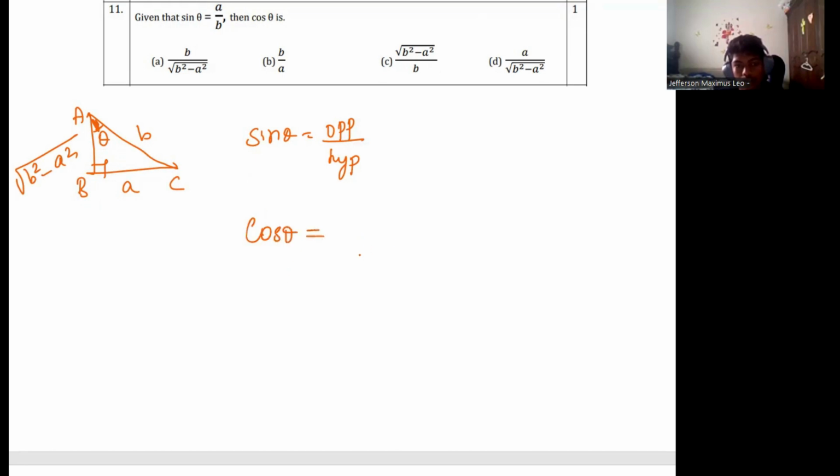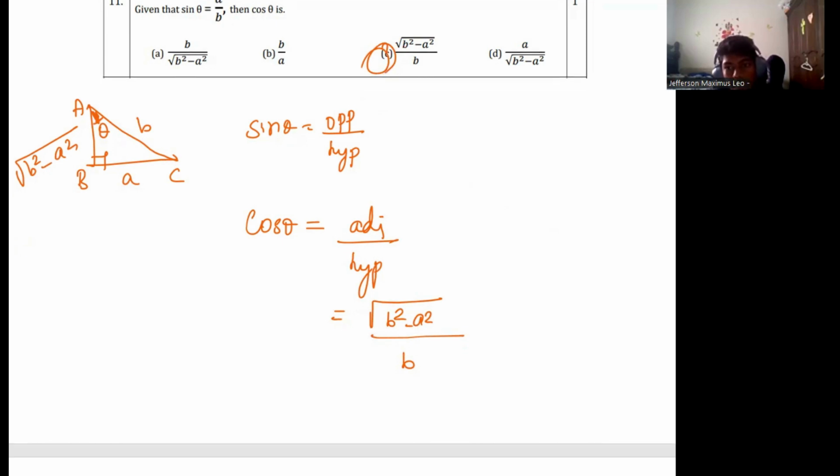Cos theta formula solunga. Adjacent by hypotenuse. Yes. Adjacent is the root of B square minus A square by B. Yes, option C. Yes, correct answer. Is it good, ma'am? Good. Shall we move to the next one now? Yes, ma'am. Is it 12th question?